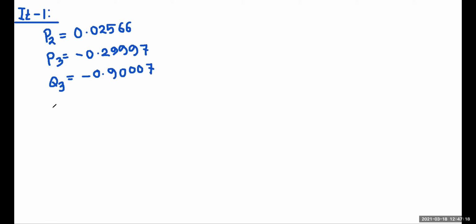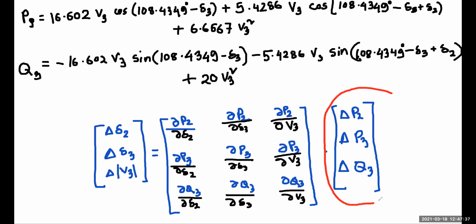Now what you have to find out? Del P2, del P3, and del Q3, right? Why? Because this is one component of your nodal equation.